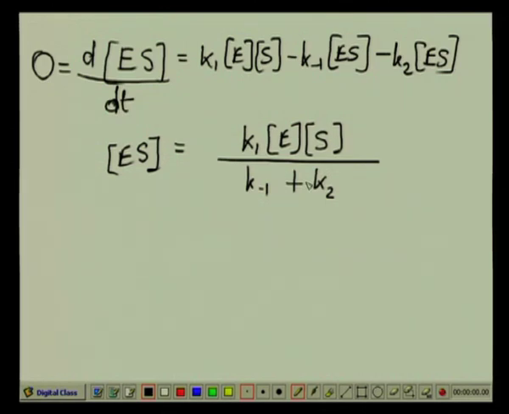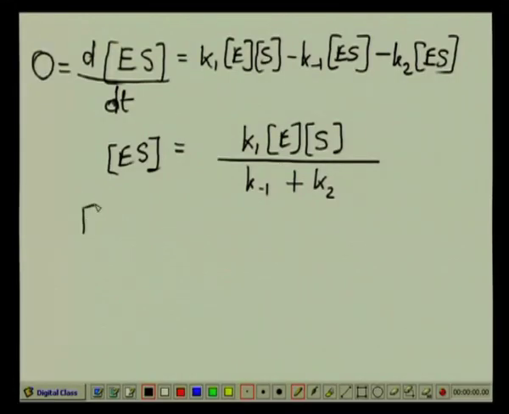Now, what do I know? We have to remember that when you are doing this reaction, there are certain quantities that you have measured. It is your experiment. You know the amount of substrate you have added. You know the amount of total enzyme that you have added, but you do not know at what time how much enzyme substrate is actually being formed, right. So, you know what S is, and you also know what the total enzyme concentration is, right.